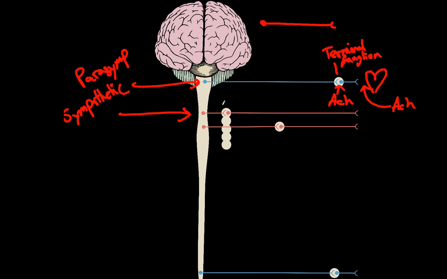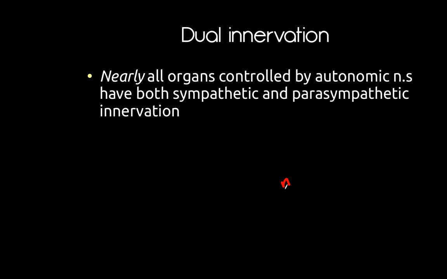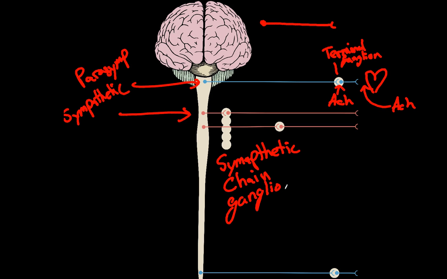Okay, let's take a look here at the sympathetic nervous system. What you'll notice here is that these are synapsing in a ganglion very close to the nerve cord, and this is what's known as the sympathetic chain ganglion.